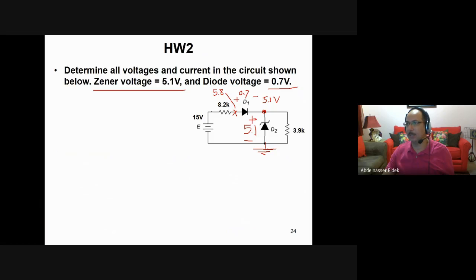So now we can calculate the current I. The voltage is 15, so the current is 15 minus 5.8 divided by 8.2K. This is the current in this resistor, and you continue in this direction and so on, if you want to calculate the voltage and current in the circuit below.